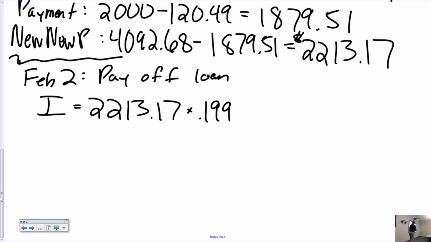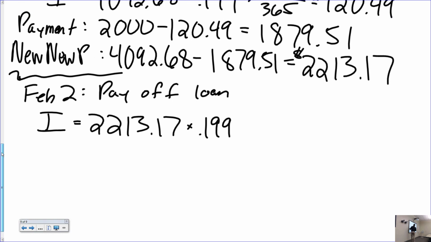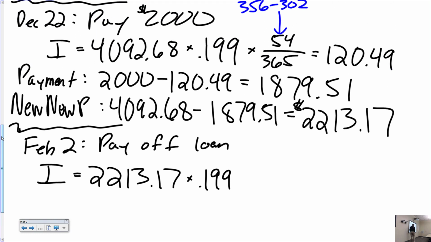And now how many days from December 22nd until February 2nd? How are you going to figure it out? Do you do 365 minus 356, to get the rest of 9?